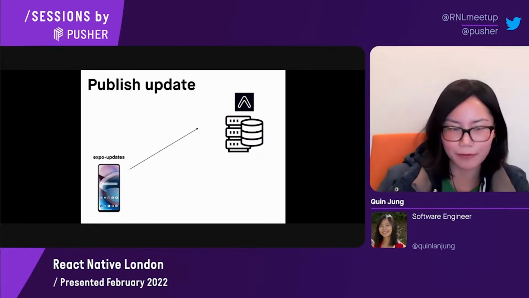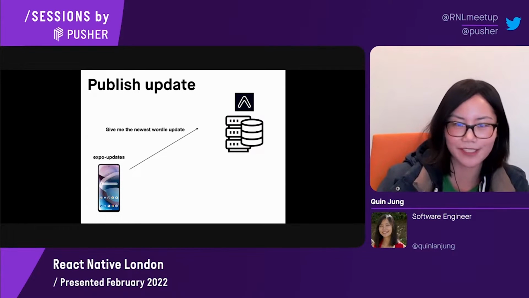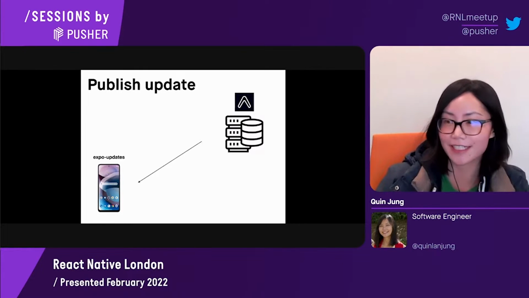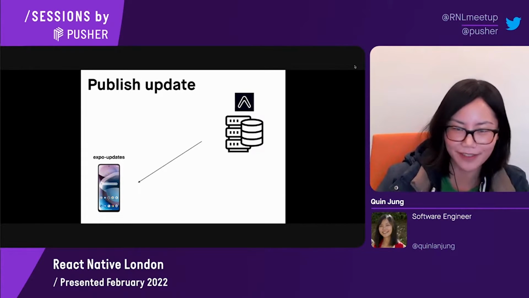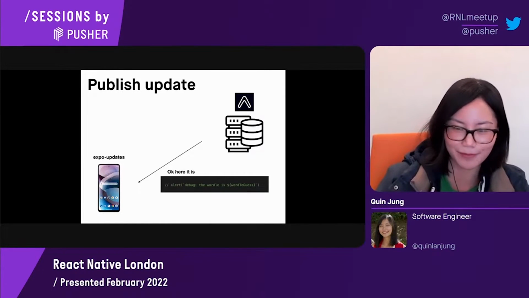So the end user, when they load the app, they're going to contact our servers when they first load it, and they're going to ask for the newest Wordle update. Our servers are going to see if there has been a new update available, and if there is one, we're going to send it down. And it looks like you've published the fix a couple minutes ago, so we're going to send it down to the Wordle user.